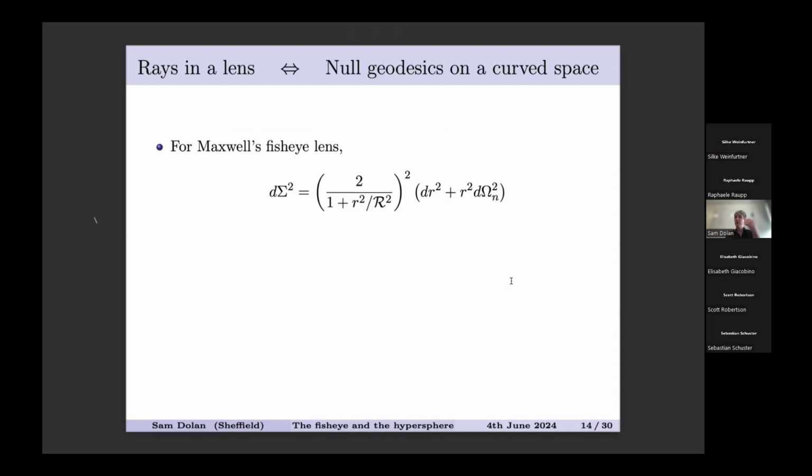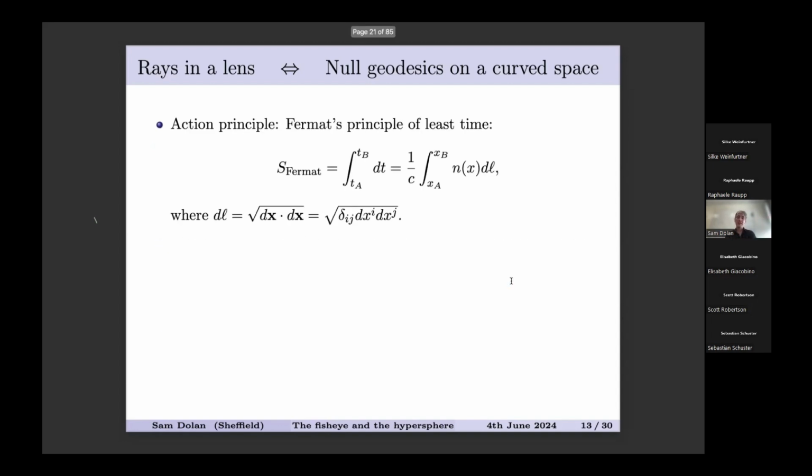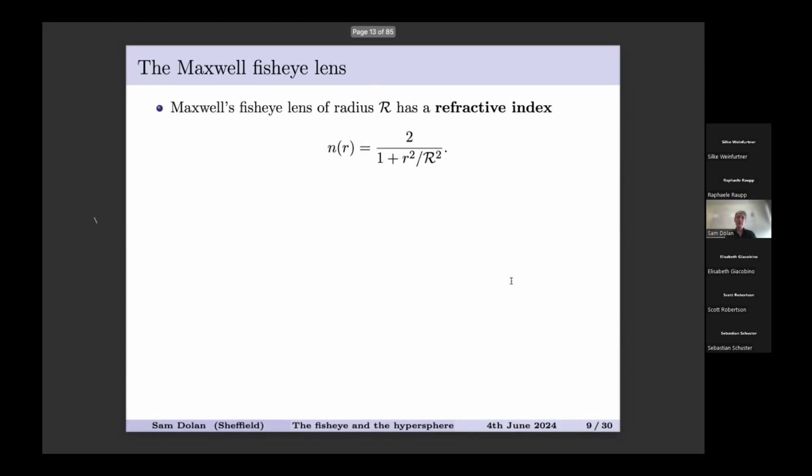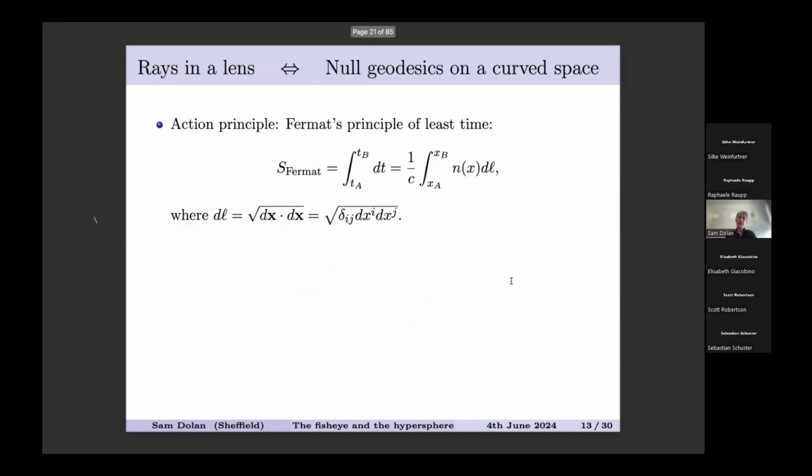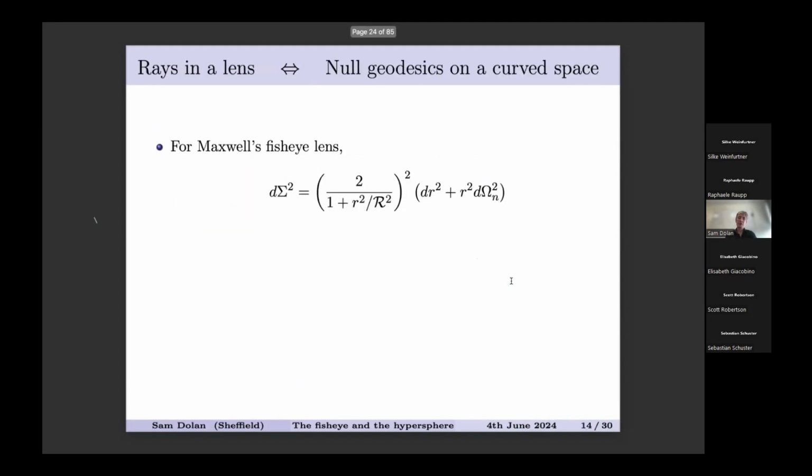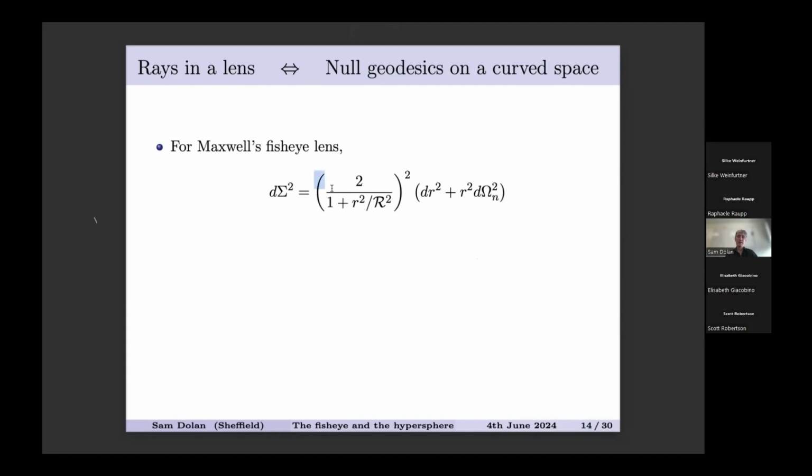And specifically for Maxwell's fisheye lens, the refractive index, all the way back here somewhere, takes this particular form. And now we're thinking about a geometry where that's a conformal factor, and I've written the flat space element here in polar coordinates.